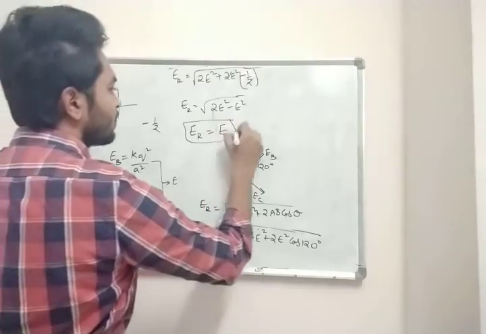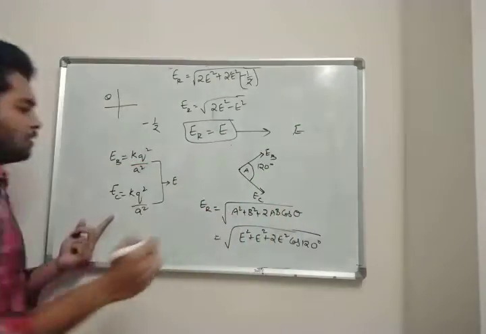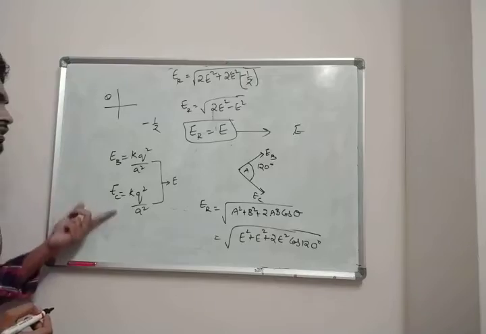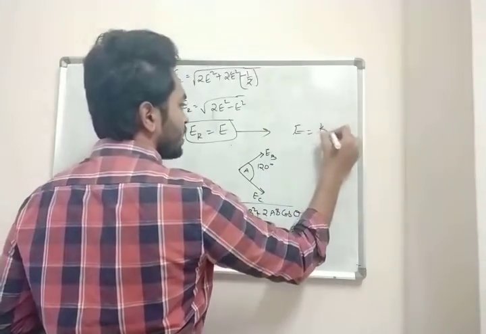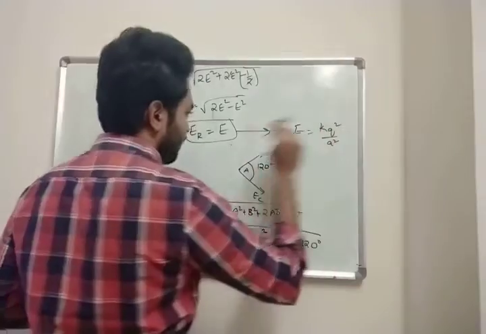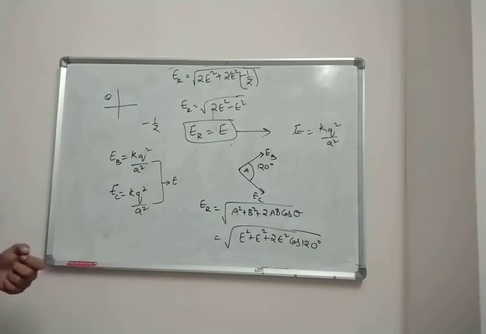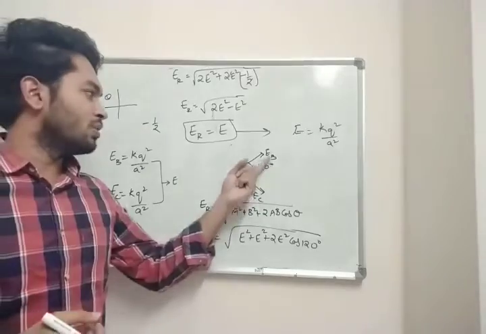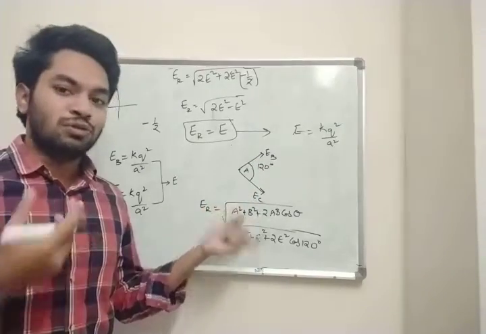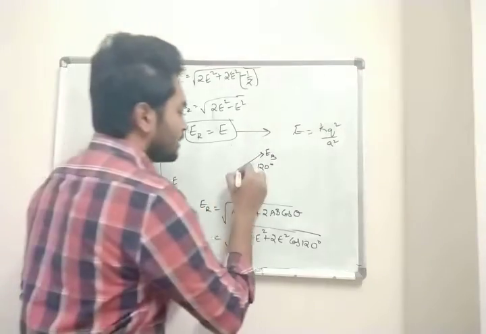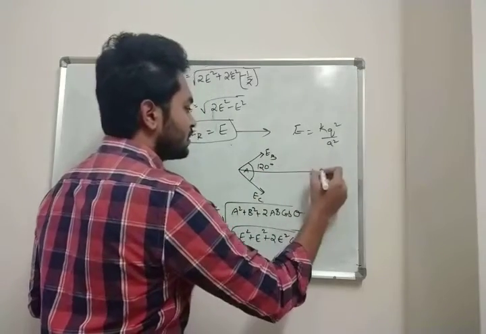What is E equal to? We have already done it; both are the same. So E is equal to KQ by A square. Now how do you find the direction? Here both vectors EB and EC are the same, so the resultant passes through the center.